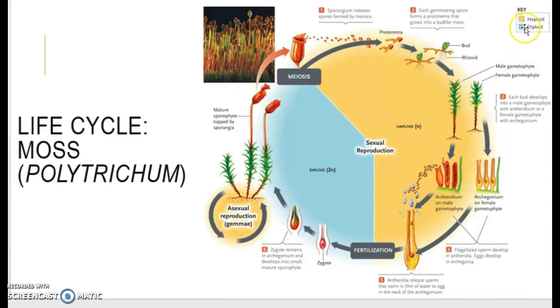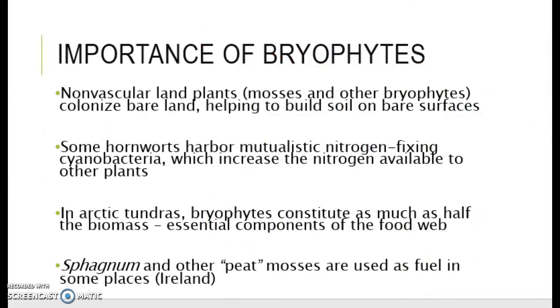We still have that haploid and diploid that's represented by yellow and a teal color here. Each bud is going to develop into a male gametophyte, and then a female gametophyte. And from there, the flagellate sperm develop, eggs develop, and it goes through that process, of course, of fertilization and forms its zygote.